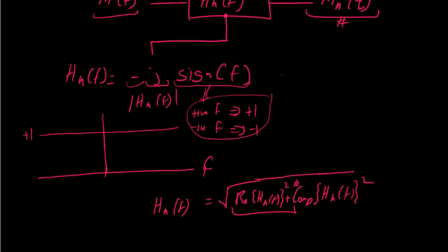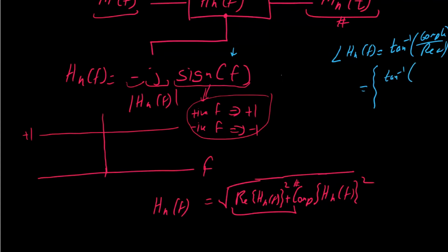But what about the phase response? The phase of h of f is simply tan inverse of the complex part divided by the real part. So for positive frequencies, we would have tan inverse of -1 by the real part, which is 0.